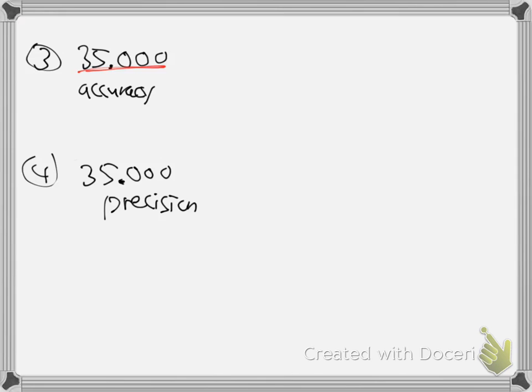So what's accuracy? All the digits. How many? 5. 5 significant digits. Now, I looked on the answer key for that one, and the answer key said 2. I think it's wrong. The answer key's been wrong before too.